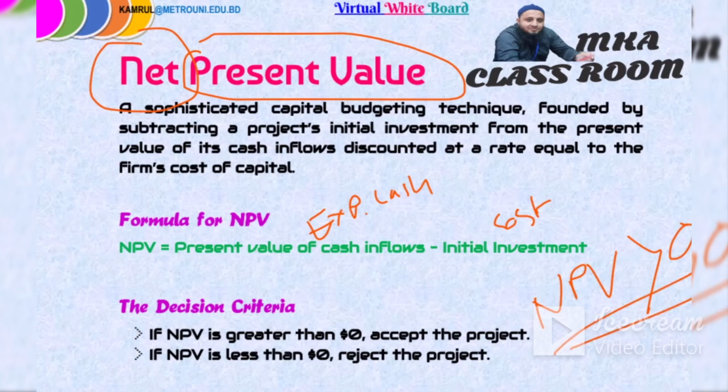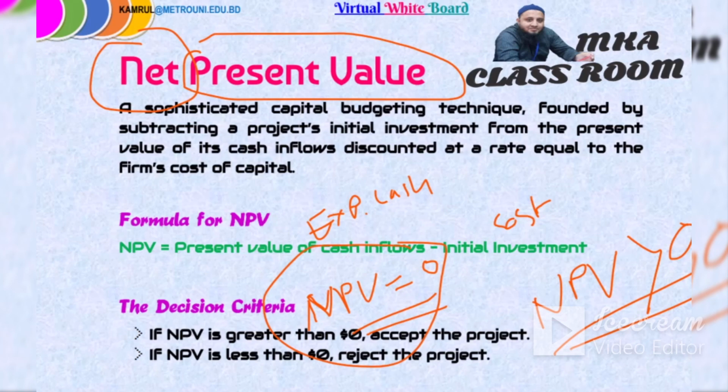But sometimes you have a decision of NPV equal to 0. What will happen? You can also accept this project if you do not have any kind of investment alternative. Then you can invest at NPV equal to 0. That is also an accepted decision.